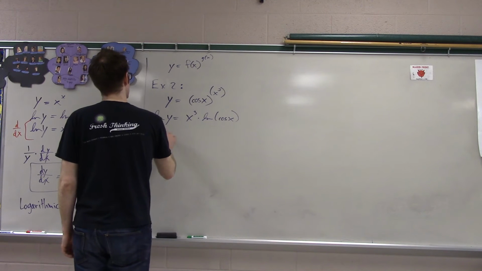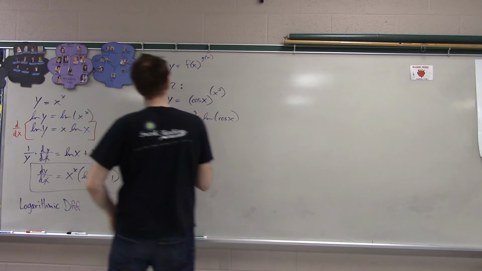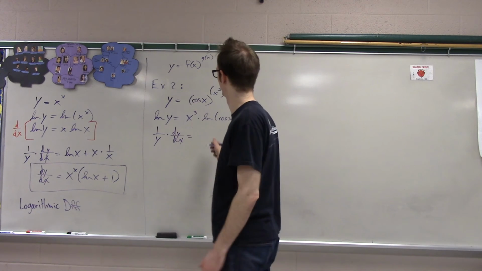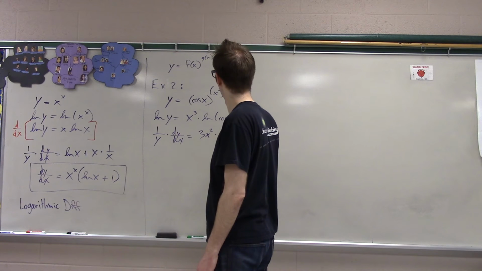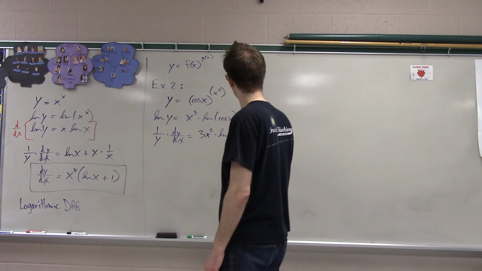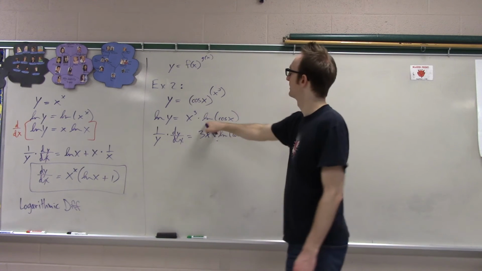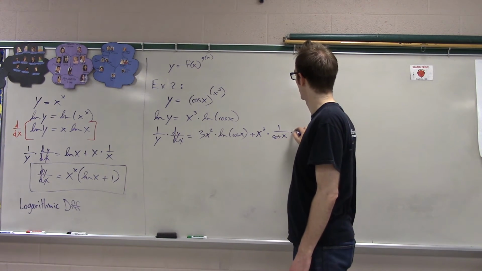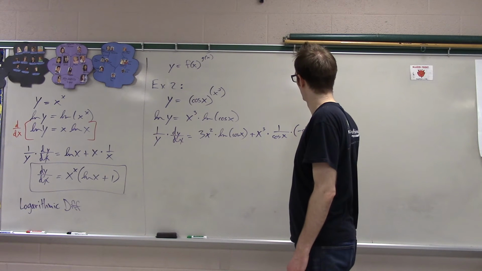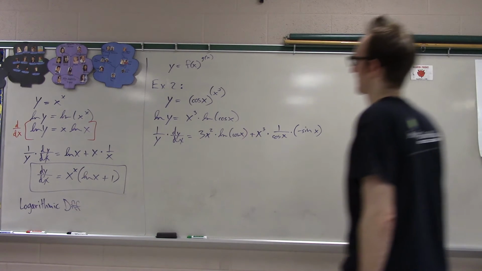Derivative of ln y, 1 over y, dy dx. Now I have to use a product rule first, derivative of the first times the second plus first times derivative of the second. The derivative of ln cosine is 1 over cosine, back inside for the derivative of the cosine.